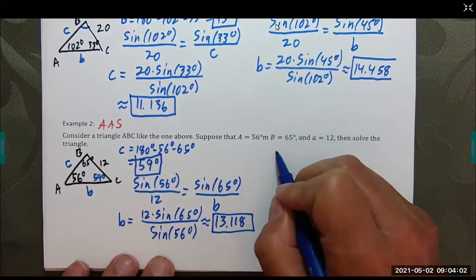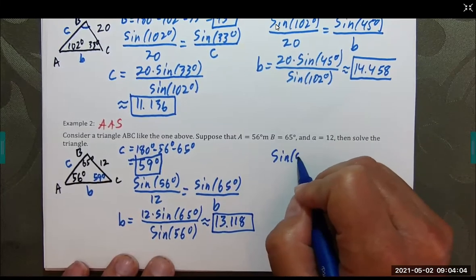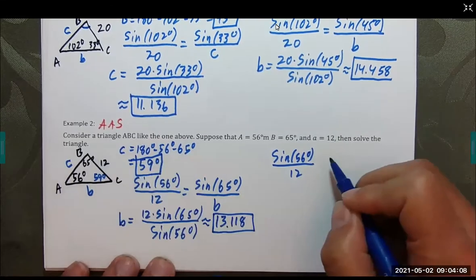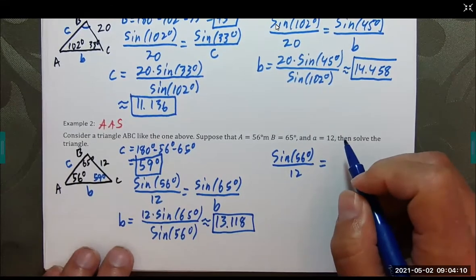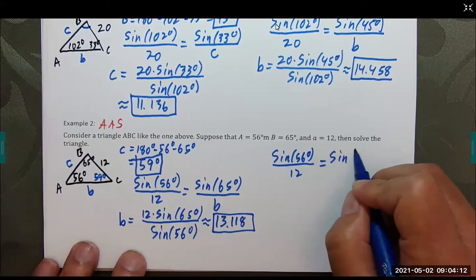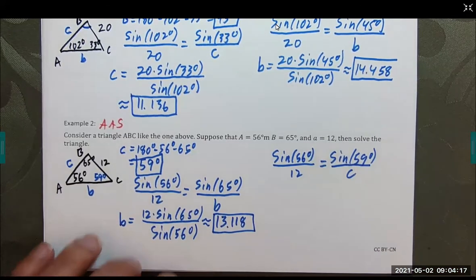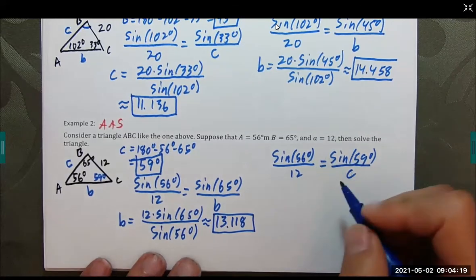C, we have the sine of 56 degrees over 12, that's my standard there. And now it's going to be the sine of 59 degrees over side C. We cross multiply and divide.